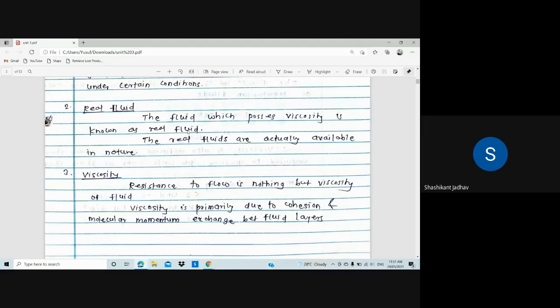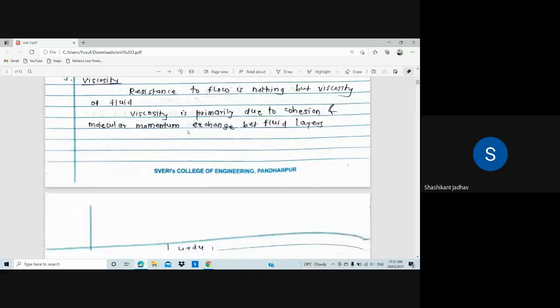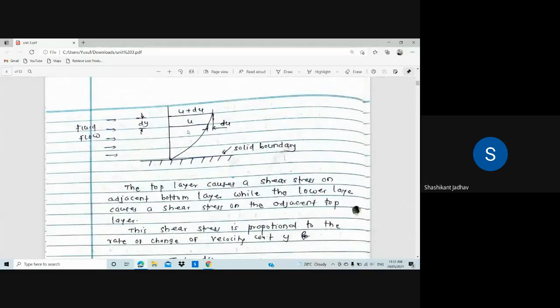Okay, so all of you draw this diagram. Here we consider two layers. One layer has velocity u, another layer has velocity u plus du. The distance between these two layers is dy.